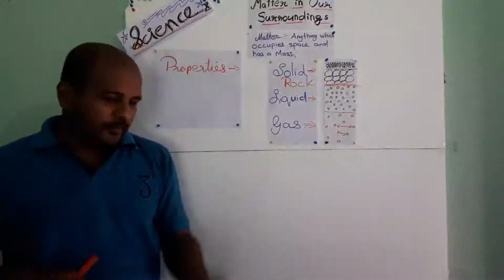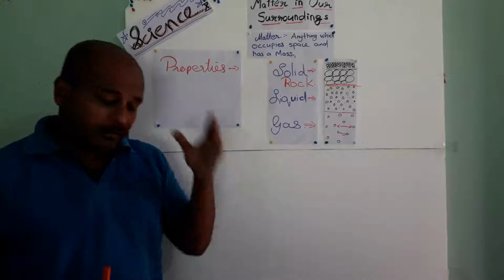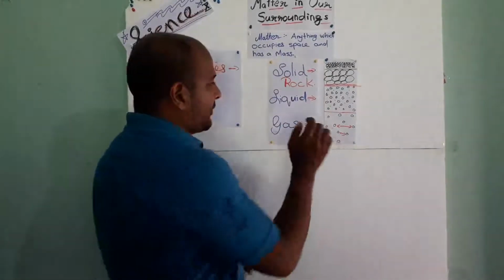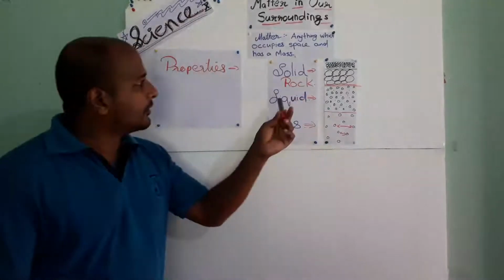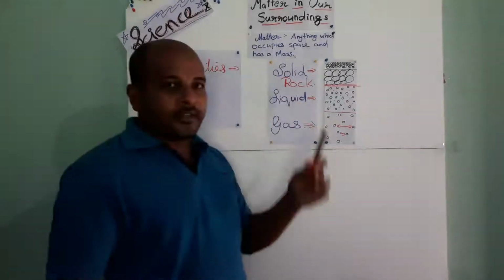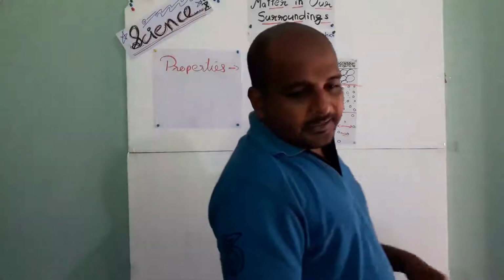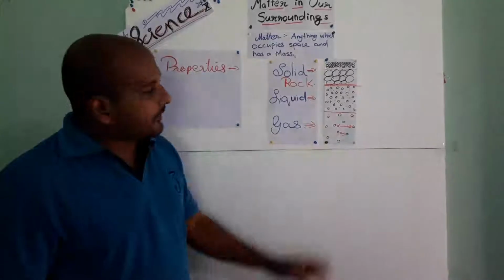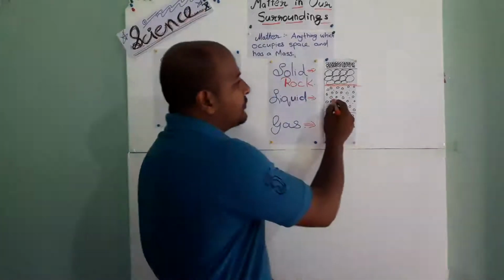All the properties are the same. If you are able to study the properties of solid, you can study the properties of gas and also the properties of liquid. Gas is the opposite, liquid is medium. The movement of particles is also intermediate. Particles move because some space is there.